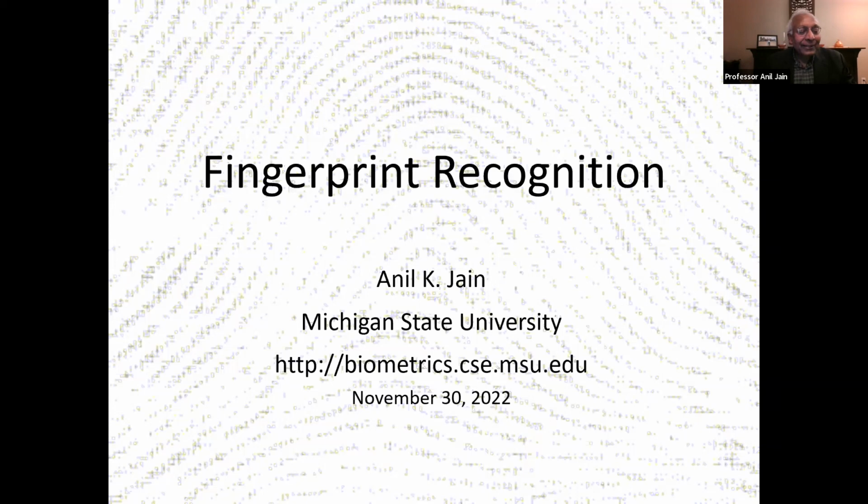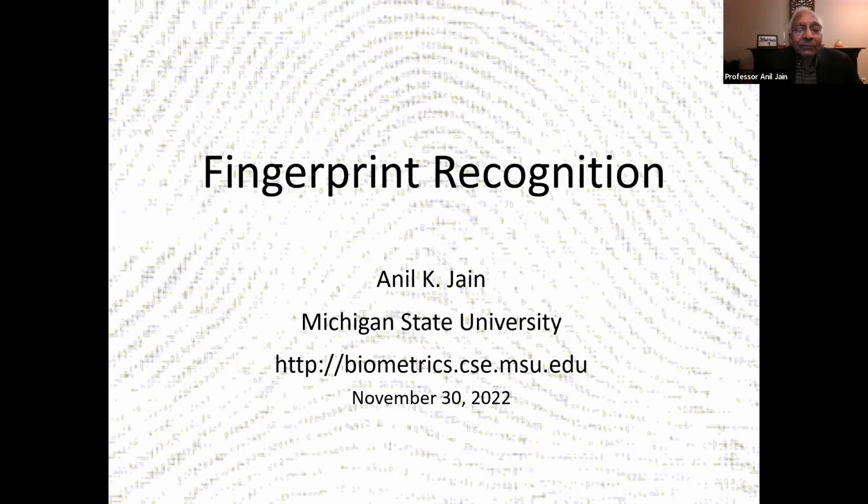And despite the comments often made by computer vision and AI researchers that, oh, fingerprint recognition is a solved problem because it has been around for 40 years or so, we find that we can continue to find new problems, make new contributions, and do the technology transfer as well as publish in high quality venues. So I will go ahead and give you our contributions to fingerprints, how we got started.